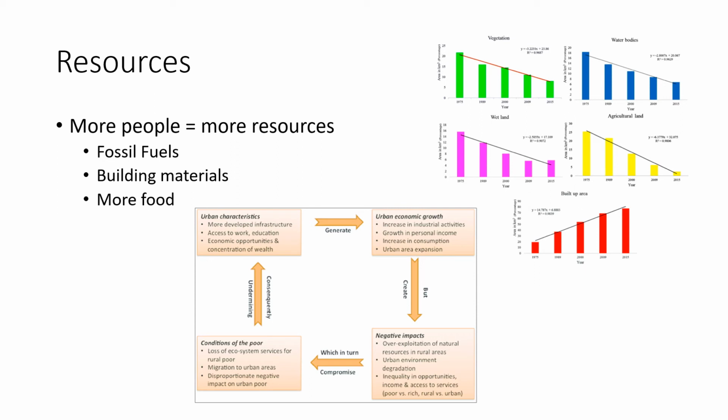All of these things are going to decrease with urbanization. The more area I have built up and the more people that are living in one place, the more resources that are going to be used. And the more economic growth you might have, which means that I'm going to use even more. So it could be a cycle.